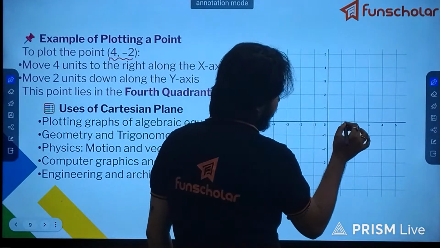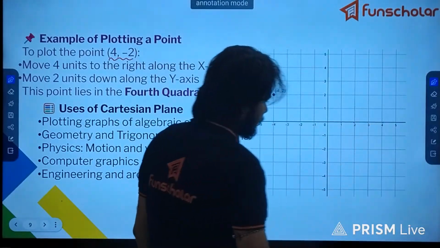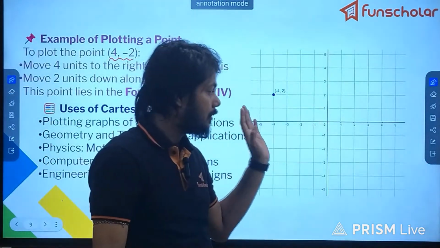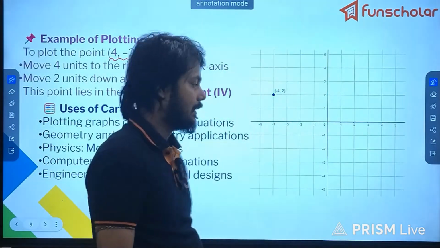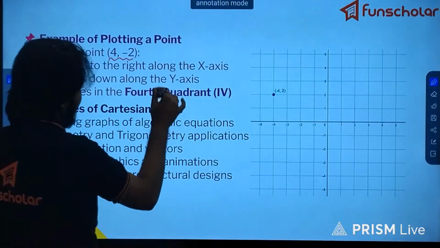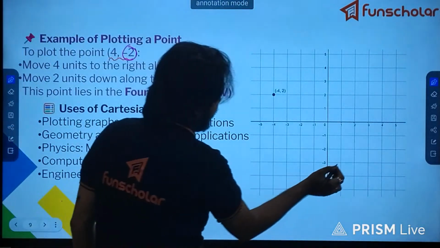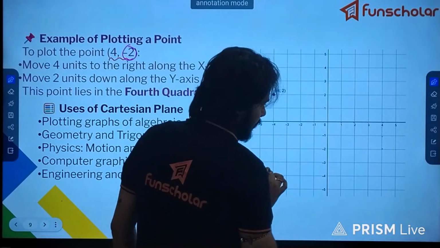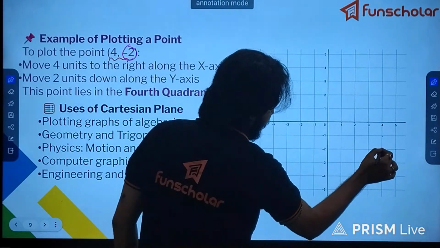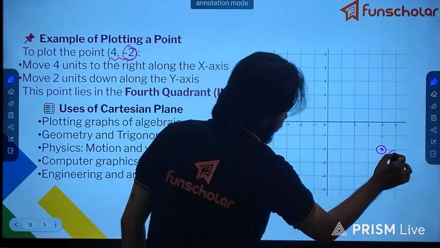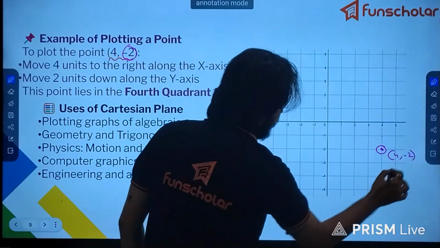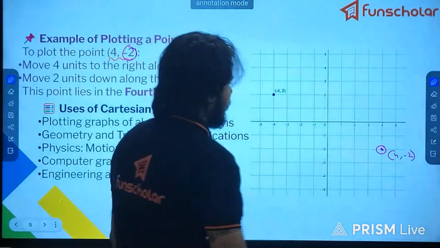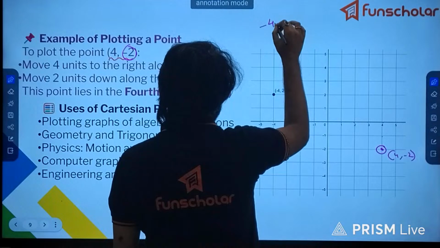4, that means 1, 2, 3, 4. This is positive, right? So you need to go to the right side of the x-axis. And minus 2, as this is minus, you need to go 2 units downward from this 4. This point will be 4 comma minus 2. Now what if I say to plot minus 4 comma 2?